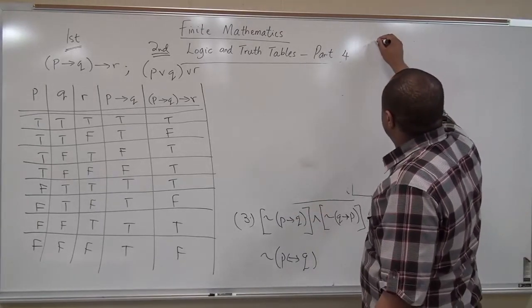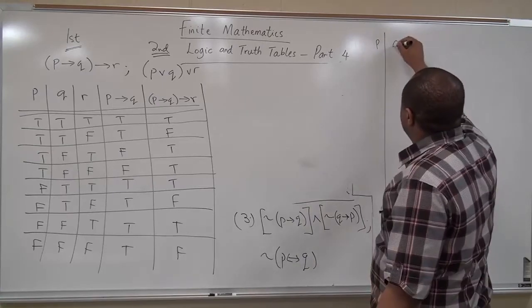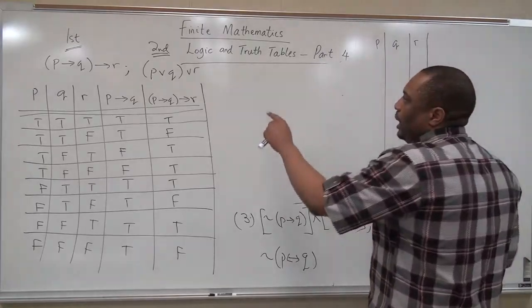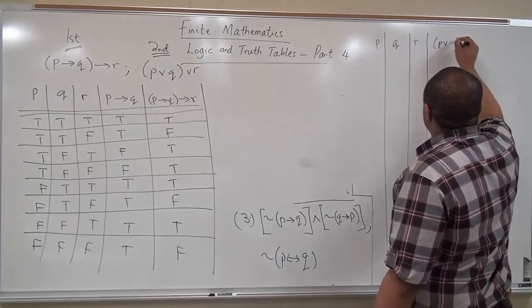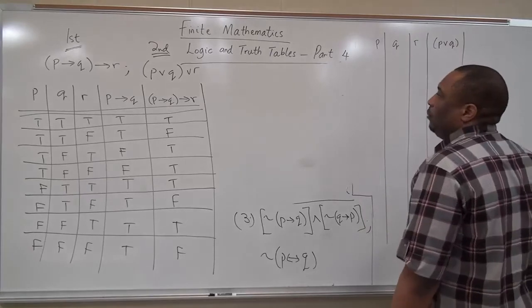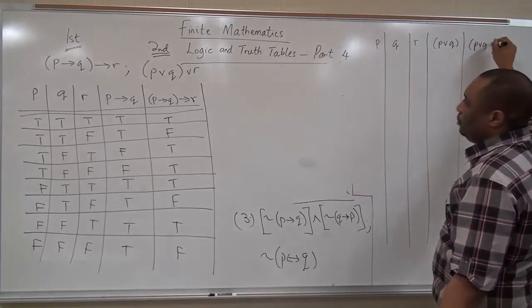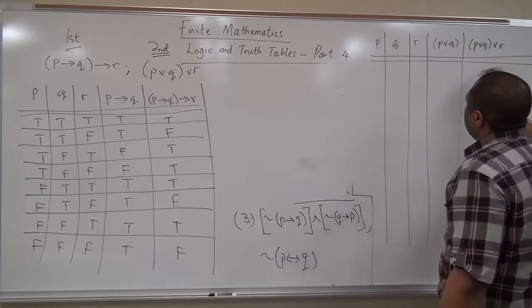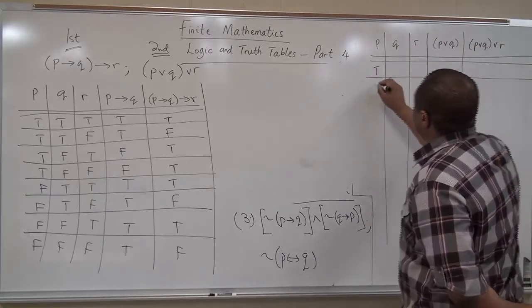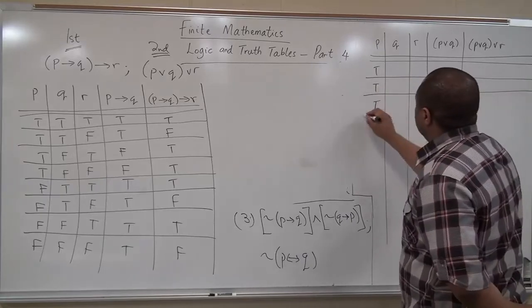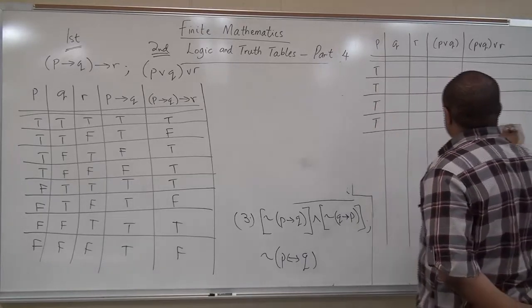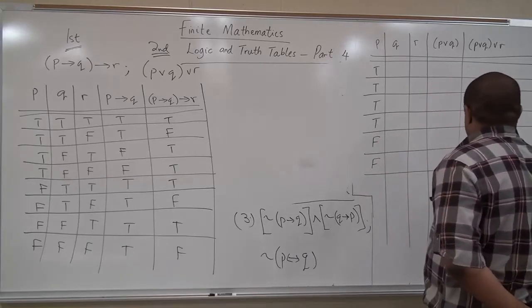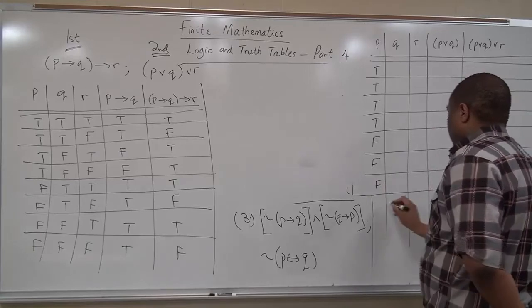We have P, we have Q, we have R, we have P or Q, then we have P or Q or R. So true, true, true, true, false, false, false, false.